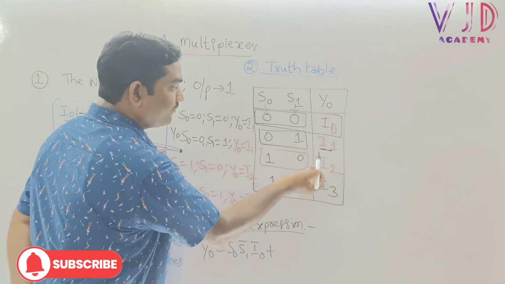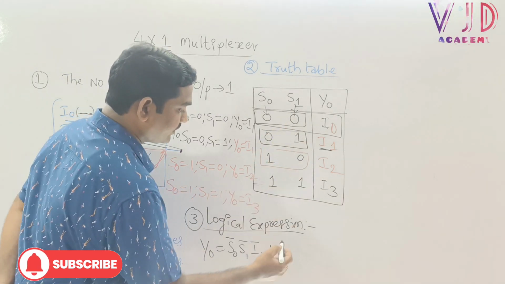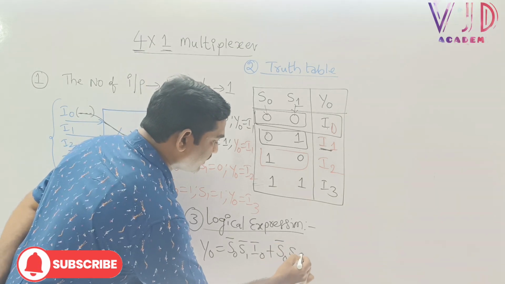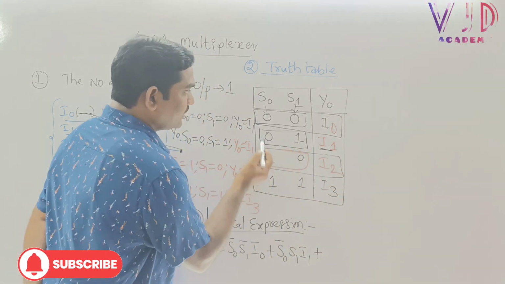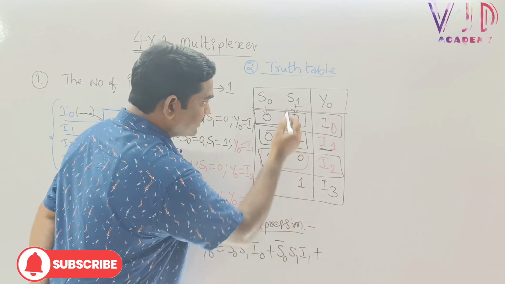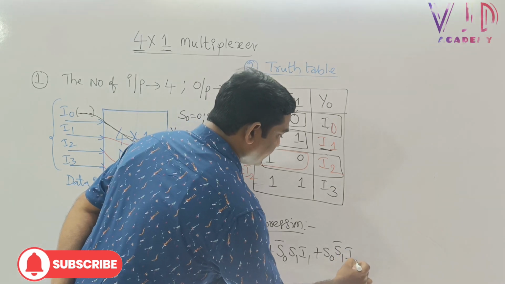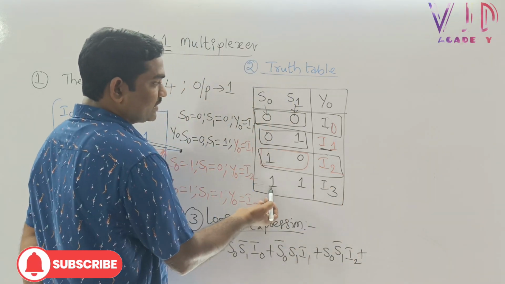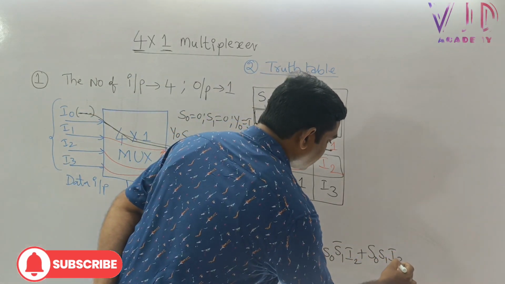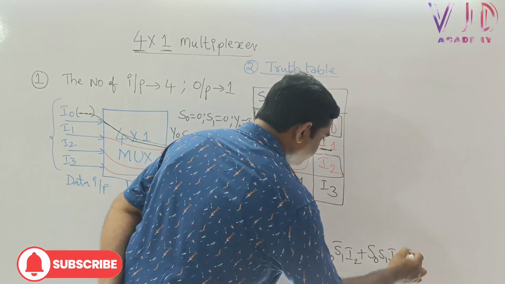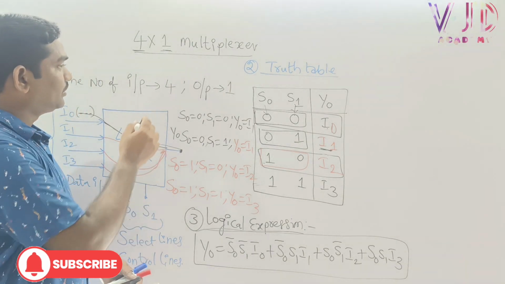I1 is the output when S0 is 0 and S1 is 1, so S0 bar S1 I1, plus. Third, S0 and S1 bar, because S1 equals 0, into I2, plus the fourth, S0 is 1 and S1 is 1, so S0 S1 into I3. This is the logical expression of the 4-in-1 multiplexer.